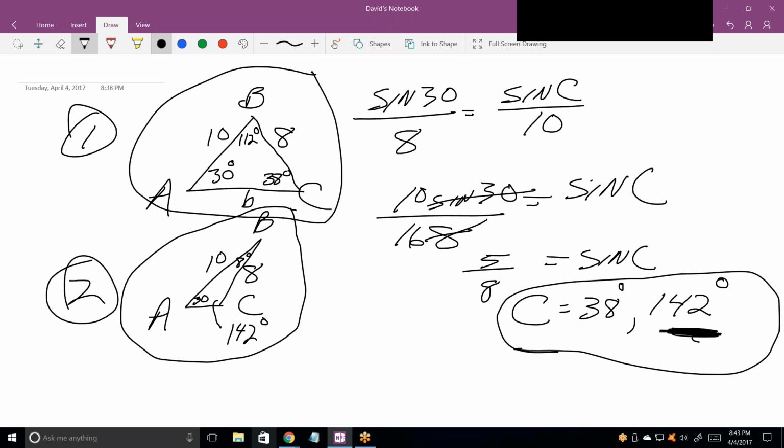Every other situation is just plugging it into the formula. You got the sine of A over little a equals the sine of B over little b equals the sine of C over little c.